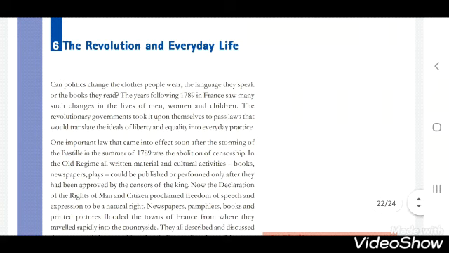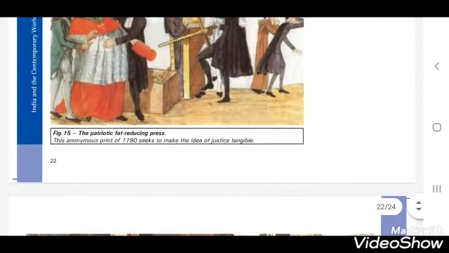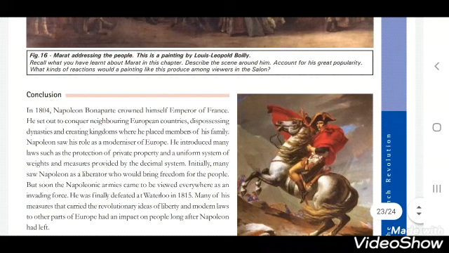The idea of this revolution was that it ultimately brought freedom of speech, freedom of expression and freedom of the press, that is, the right to remove any kind of censorship, an important law that came after the attack on the Bastille in the summer of 1789.